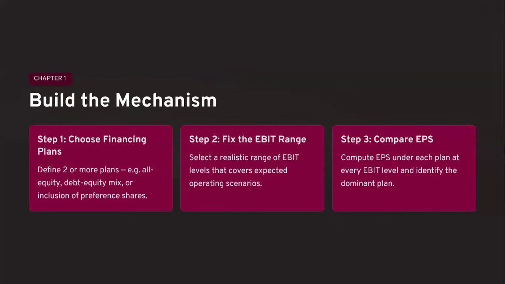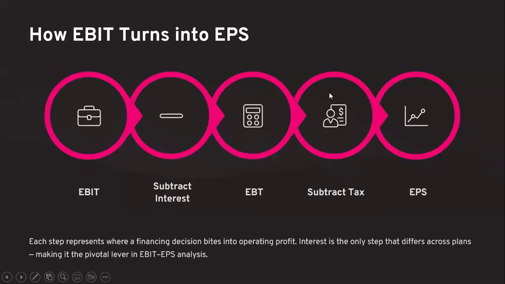So, by means of comparing the EBIT and EPS, we can talk about the growth of the firm. So, let's go to the example part. So, these are the steps we are going to follow. Please go through the steps.